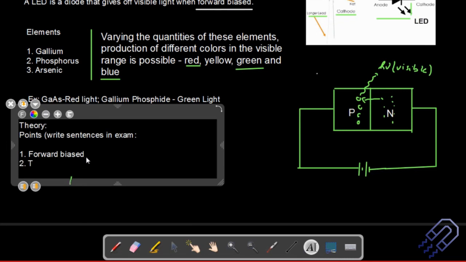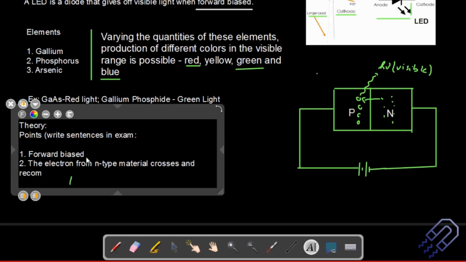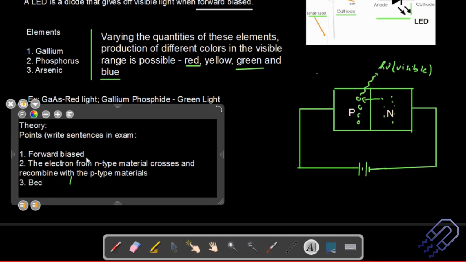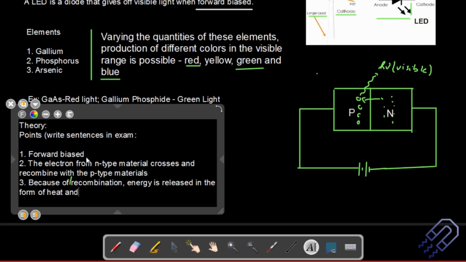Number two, the electrons from the N type material cross the junction and recombine with the P type material. And when recombination takes place, because of recombination, the electrons release energy in the form of heat and light.